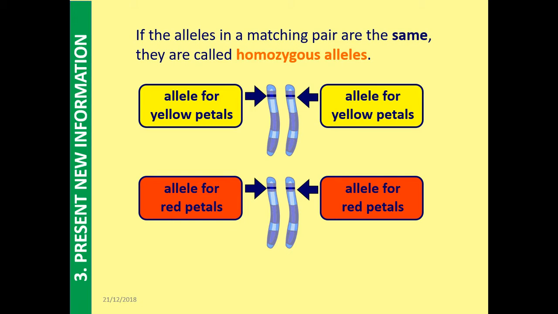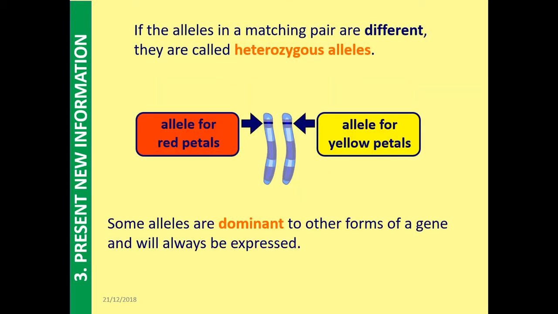Now, I know from looking at the next slide that red is dominant over yellow. So we could describe the yellow pairing as a homozygous recessive pair of alleles, and the red pairing as homozygous dominant alleles.